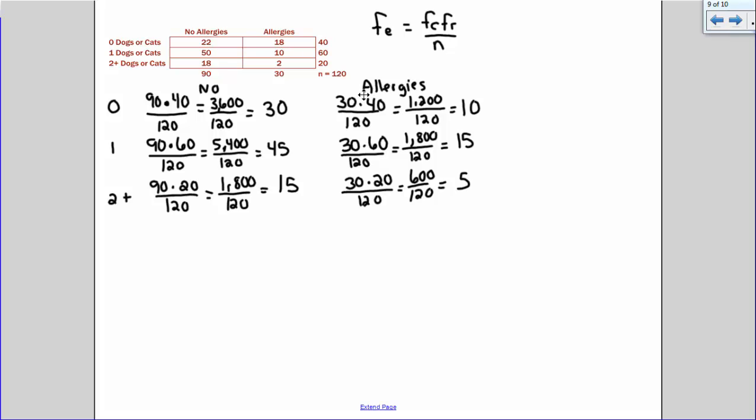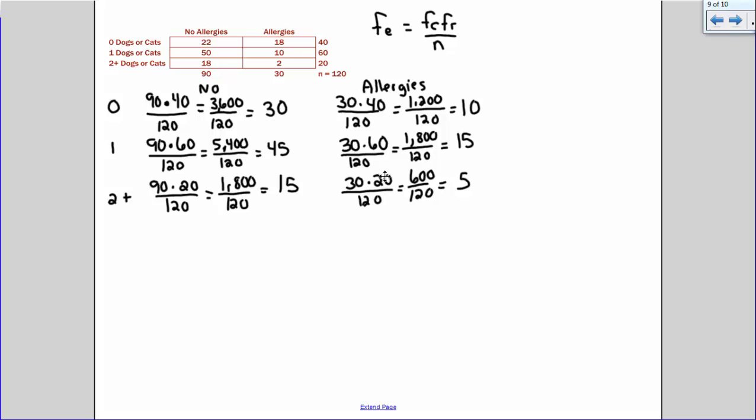So if I'm looking at this, I can again see that my column totals are the same for all of these groups because they're in the same column with a total of 30. And then if you look across the rows, the row totals are the same for each row because for this row we're looking at a row total of 40, then a row total of 60, and then a row total of 20 for those groups.